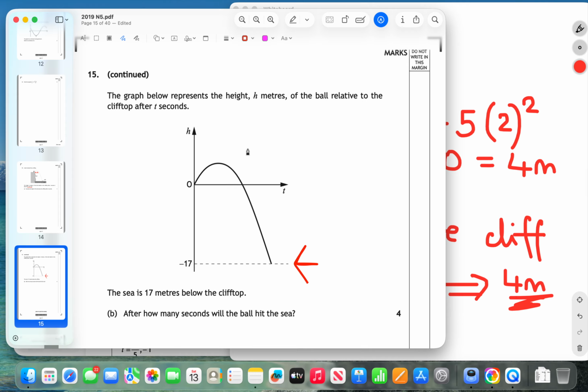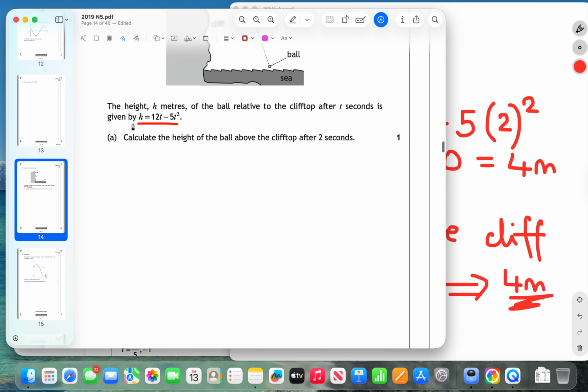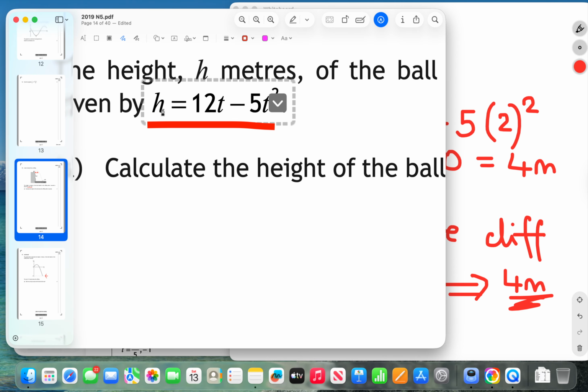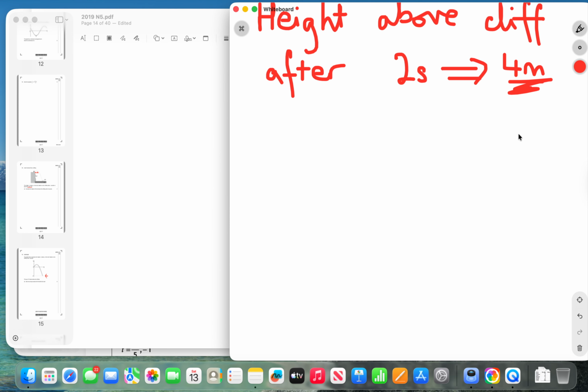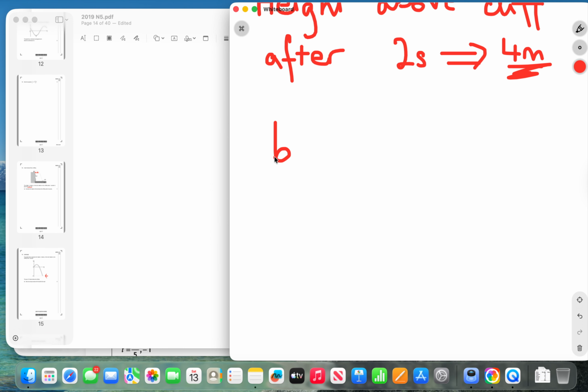So if we have a look at the equation we're given here, the height is going to be minus 17 because the sea is 17 meters below the cliff top. So h has to be minus 17. So let's write that in.